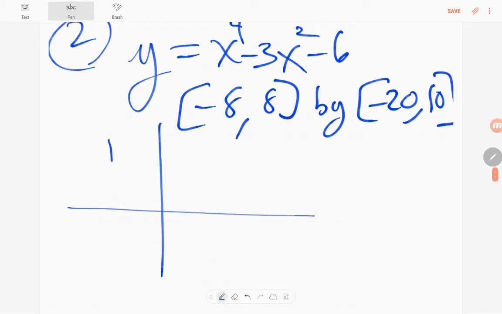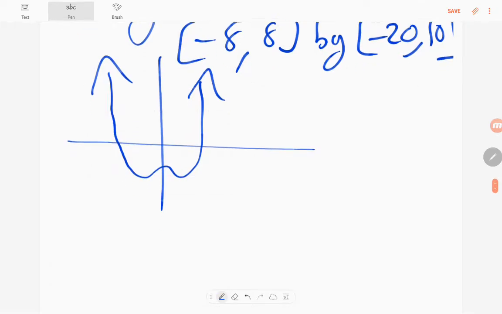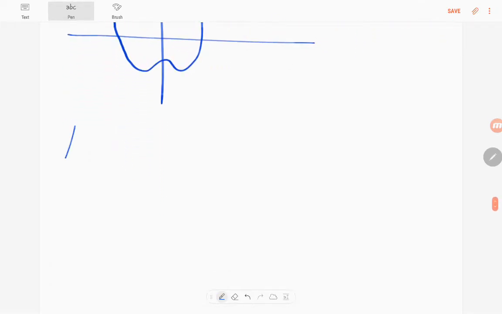So my calculator displays something that looks like this, roughly. Alright, part B says how many turning points does the graph have? So let me just quickly give you a rough definition of a turning point.